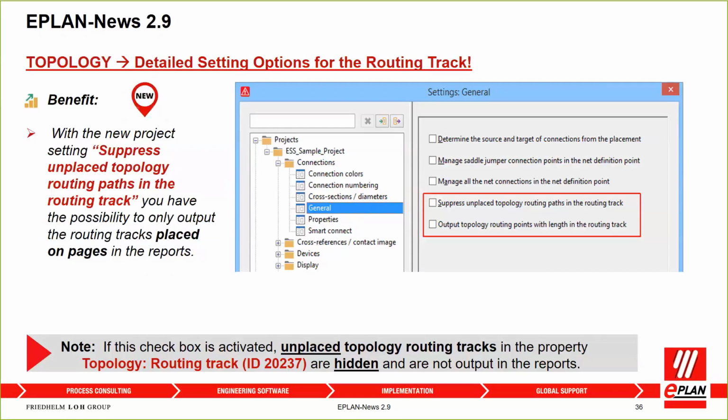You can draw your routing paths. The new options are if you want to suppress any unplaced routing paths, then we can do that now. Previously, that was not possible. You can also show the routing points in the reports also.